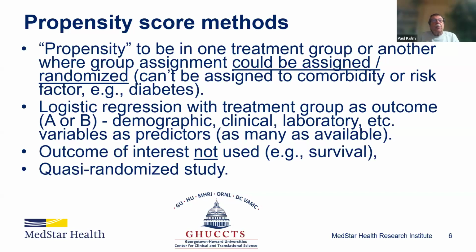The use of propensity score here is to have a study that is what we call quasi-randomized. That is, it is not true randomization, but it can be pretty close to it because we've identified patients that are similar based on their demographic and clinical variables.